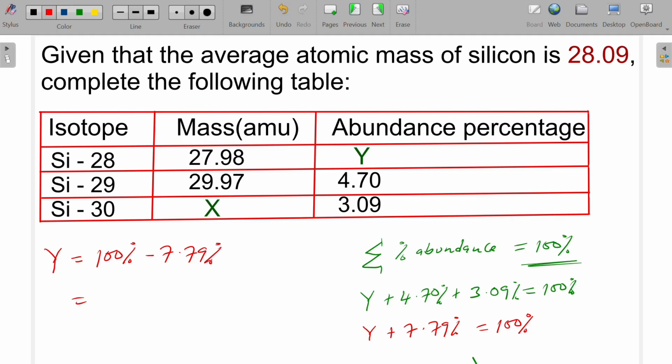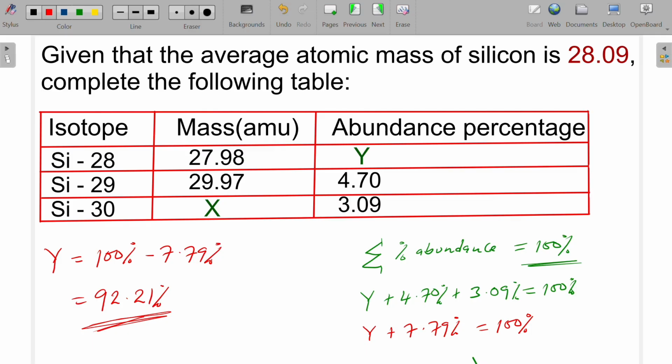When we do the mathematics, the value we find is 92.21%. So this is the percentage abundance for silicon 28. This is the value of Y that we are calculating. So 92.21% is our answer for the first part.